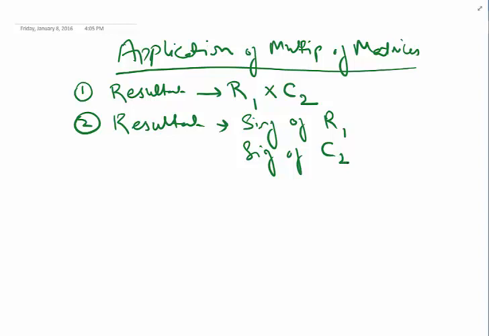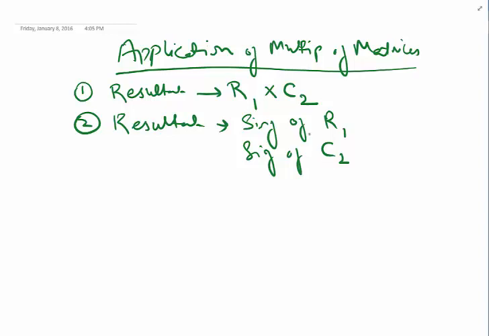Alright, so let me repeat these two key points regarding the application of multiplication of matrices. Point number one, in multiplication of two matrices, the resultant matrix always inherits rows from the first and columns from the second. And the second key point is that the resultant matrix always inherits the significance of the rows of the first matrix and the significance of the columns of the second matrix.